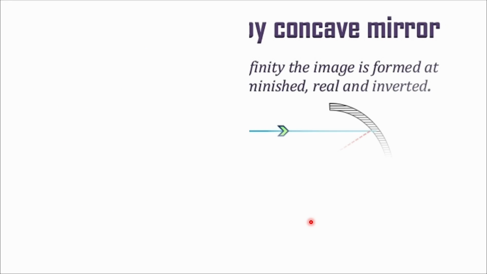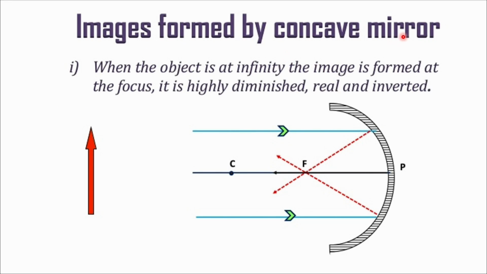Now let us move to the image formation. First I will consider the concave mirror. What is the first position? Assume that the object is at infinity. What is the image formation? The image is formed exactly at the focus, that is the principal focus, F. What is the nature of the image?